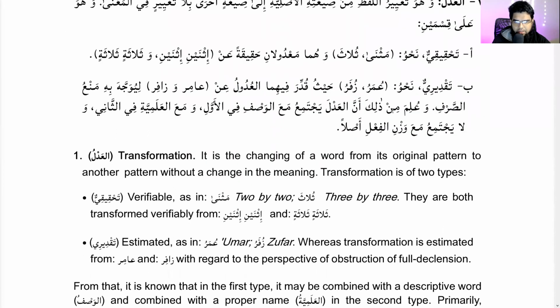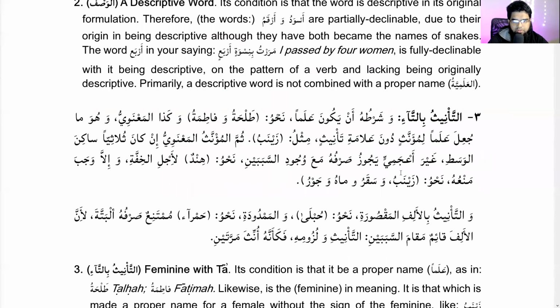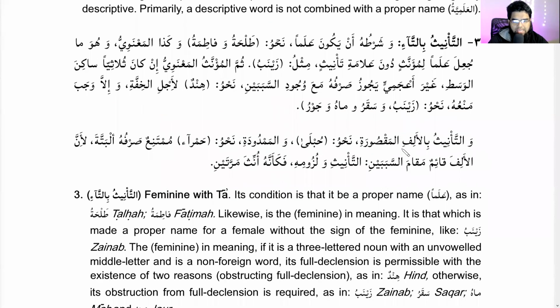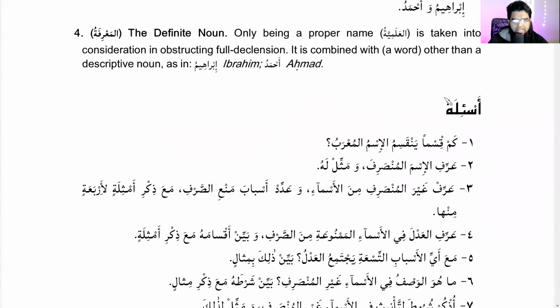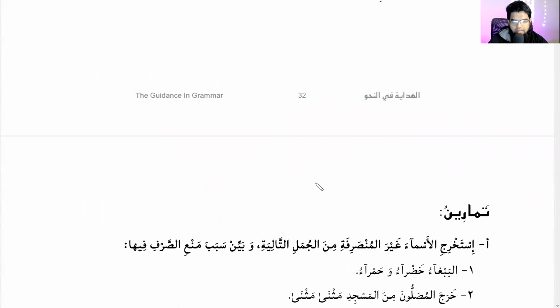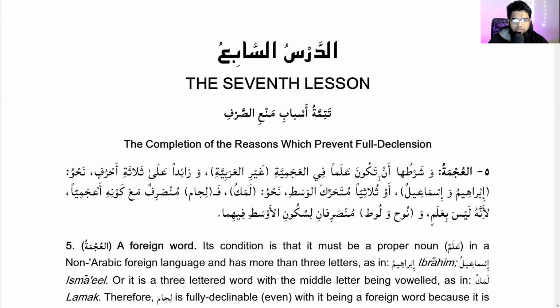He taught us adl, taghyirul lafz, if you remember last time. And then wasf, descriptive word. And then ta'nith, and then ma'arifa, being ma'arifa also. That is alam. Alam, not exactly ma'arifa. Yeah, we can say ma'arifa also. All right, today we'll see the completion of the reasons.